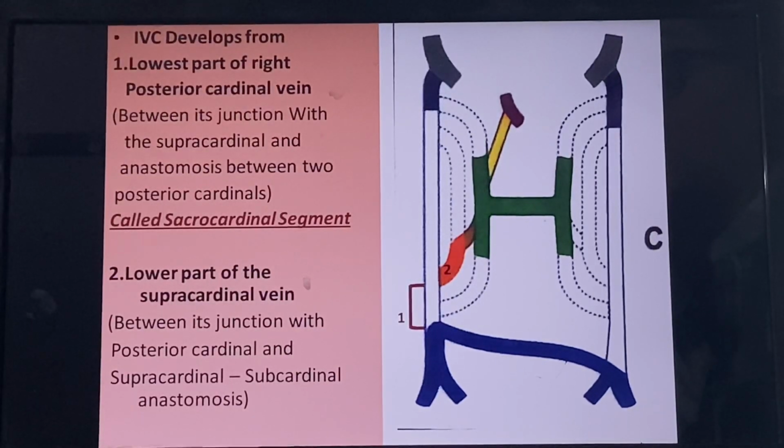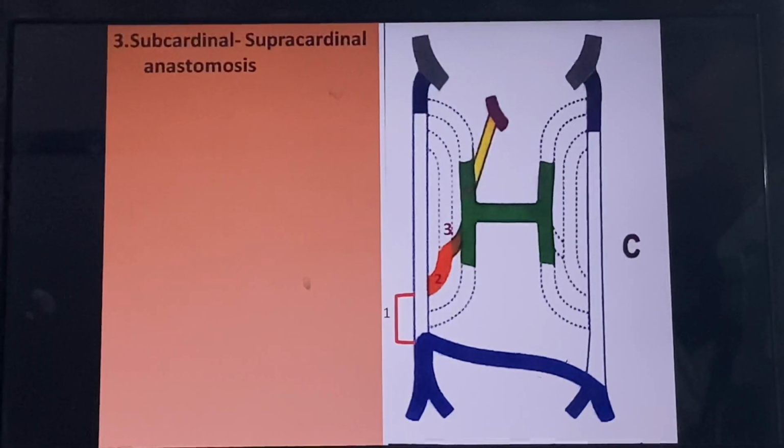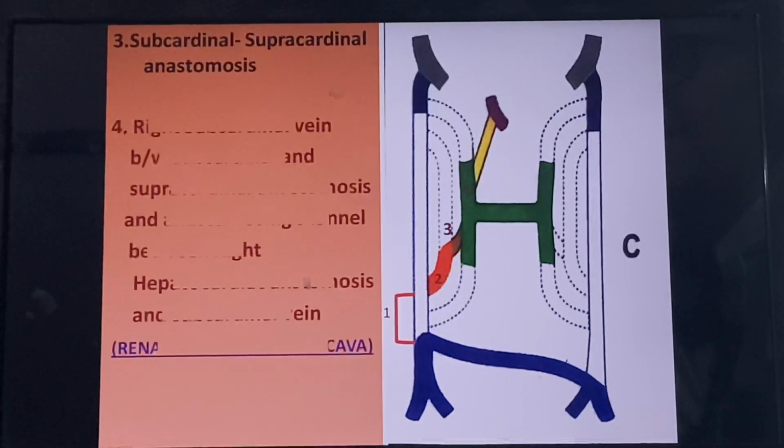Then second is the lower part of the supracardinal, between its junction with the posterior cardinal and the supracardinal and subcardinal anastomosis. So this segment is the next part which is going to contribute to IVC development. The third part is the subcardinal and supracardinal anastomosis.